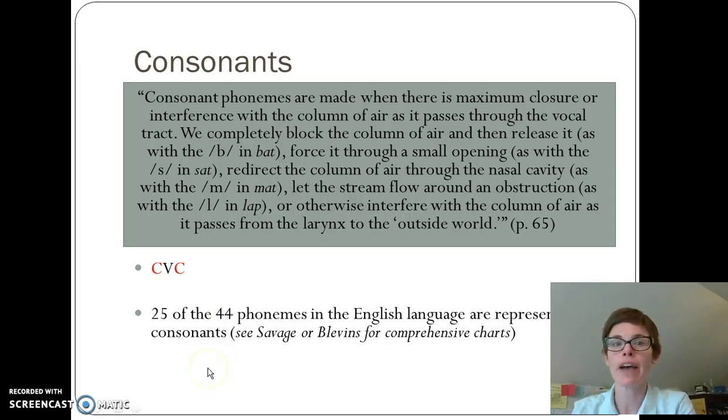Remember that 25 of the 44 phonemes in the English language are represented by consonants. So there are 44 phonemes, 44 sounds in the English language. 25 of those sounds are sounds made by consonants. Savage and Blevins have comprehensive charts with these in them, and I also gave you a phoneme chart in class that you can look at to help you with this.